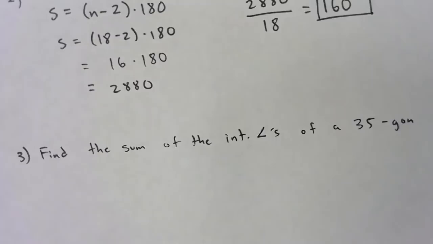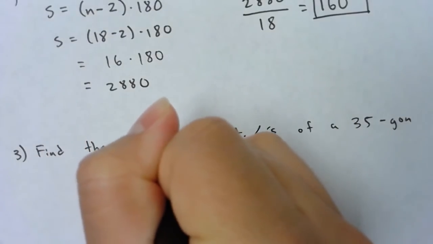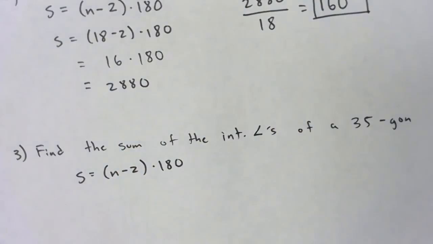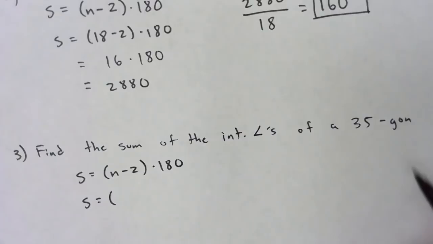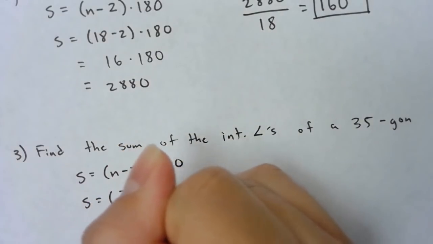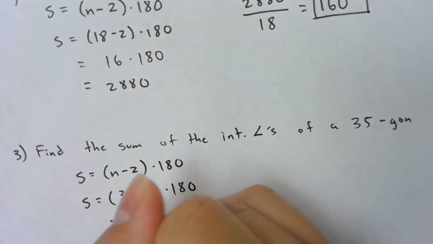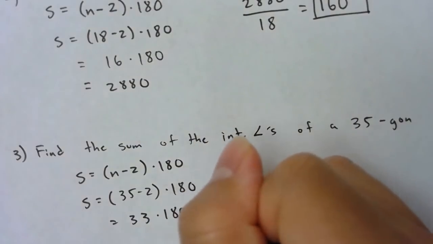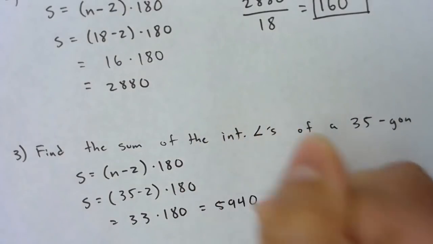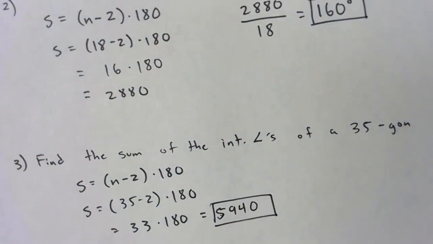As I said, this is one of the more basic ones. It's just plugging into this formula here. So S equals, we're talking 35 sides, minus 2 times 180. You get 33 times 180, and then that gives you 5,940, and you're done. This is the sum of all the interior angles.